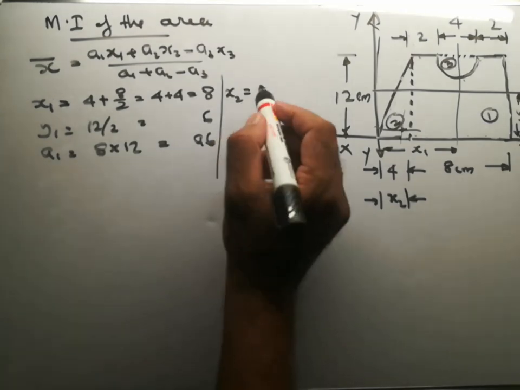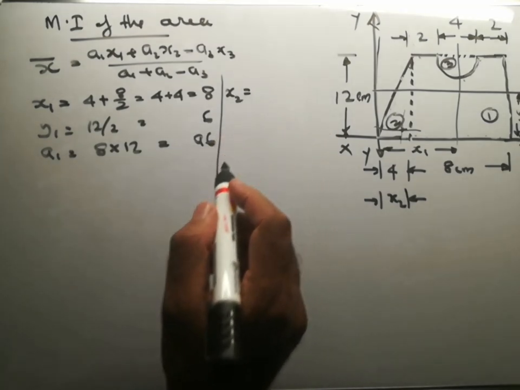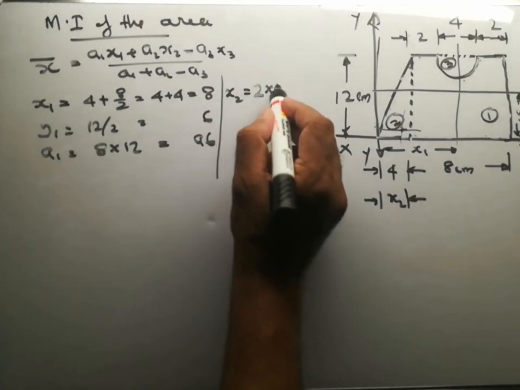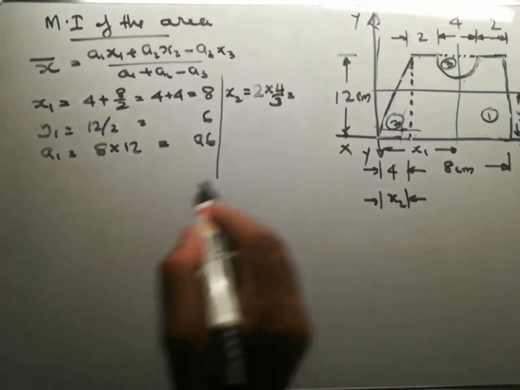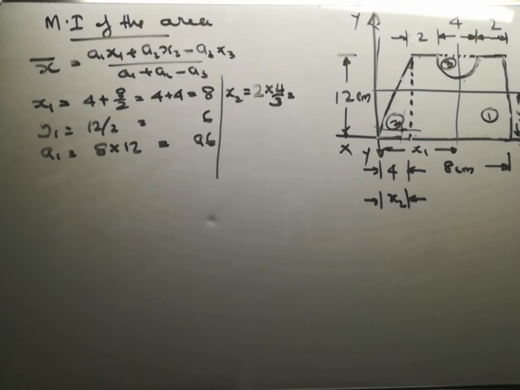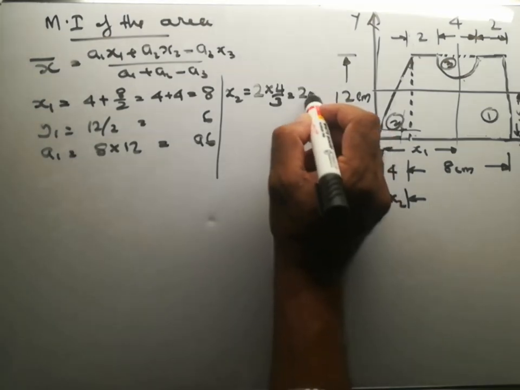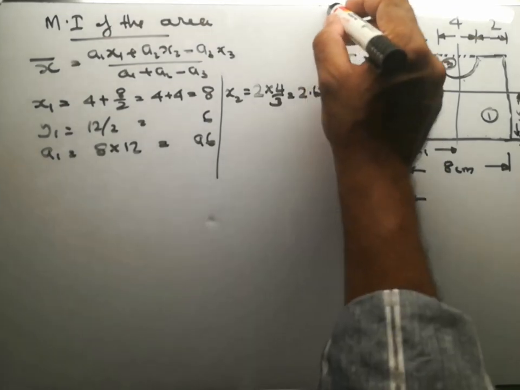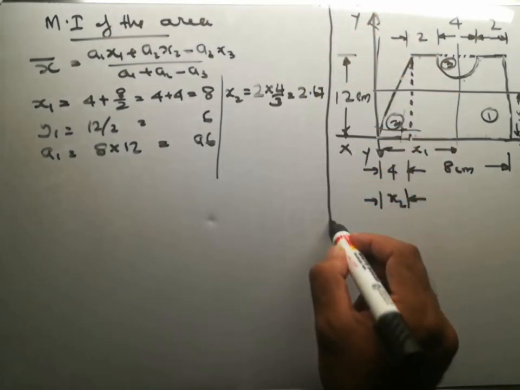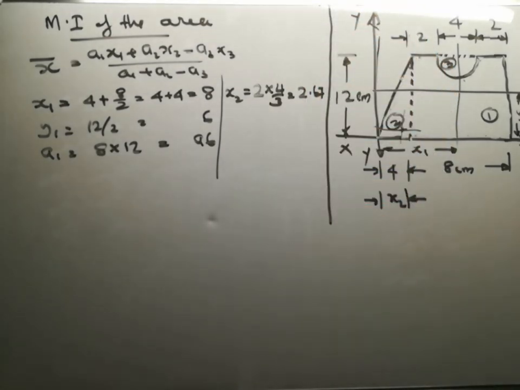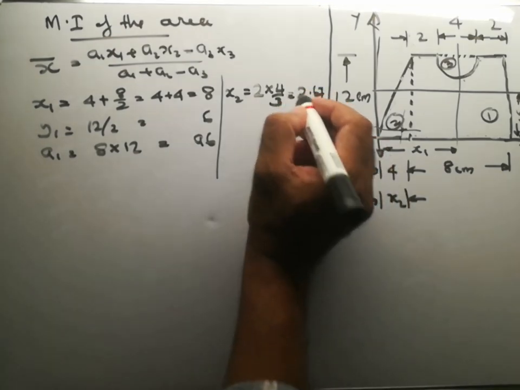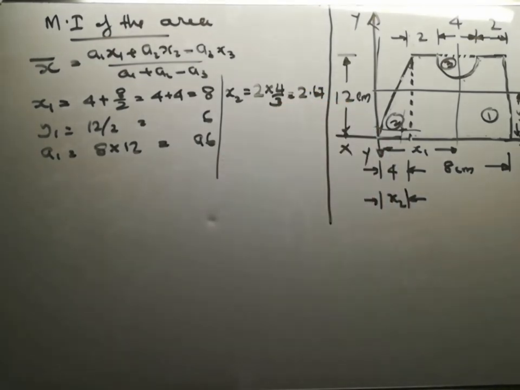So 2 into 4 by 3 will be equal to 2.67 centimeters. It will be 2.67 centimeters.